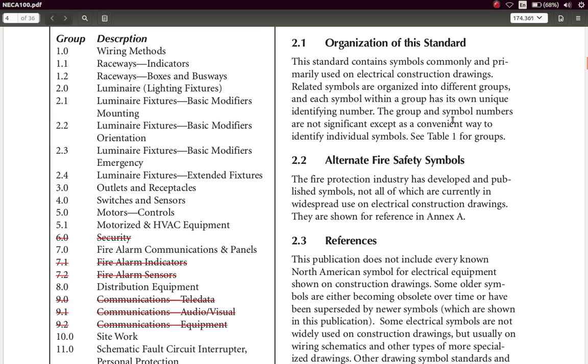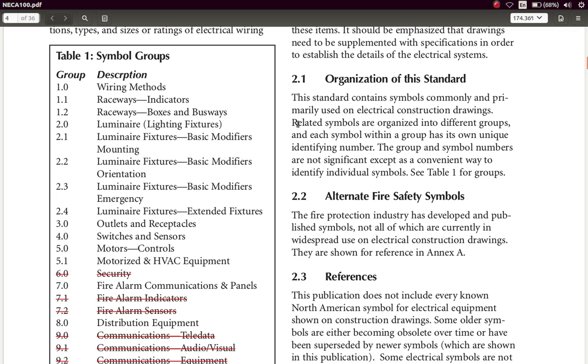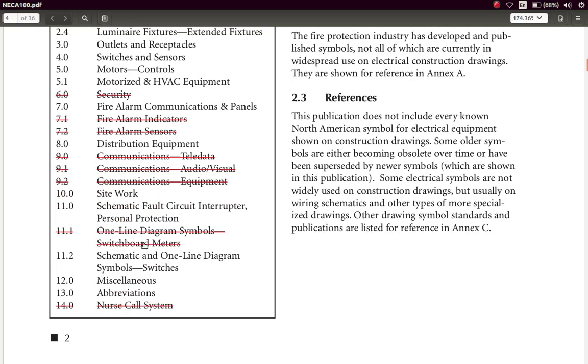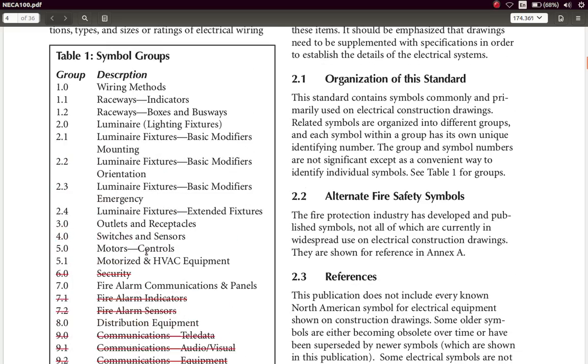The group and symbol numbers are not significant except as a convenient way to identify individual symbols. We have table 1 for group symbols. You can see it here.